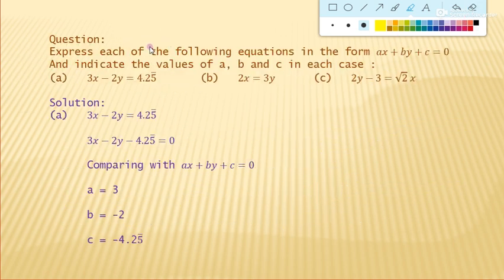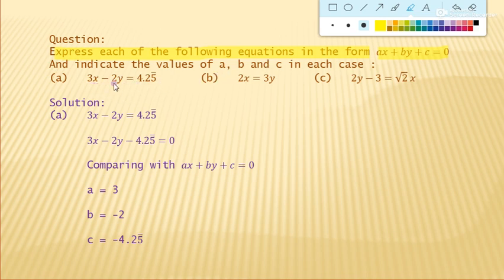Now there is a question and we will try to solve it and understand the terms related to it. You can see the question says: express each of the following equations in the form ax plus by plus c is equal to 0. The other meaning is we have to write the given equation in terms of ax plus by plus c, and thereafter relate a, b, c with the coefficients.